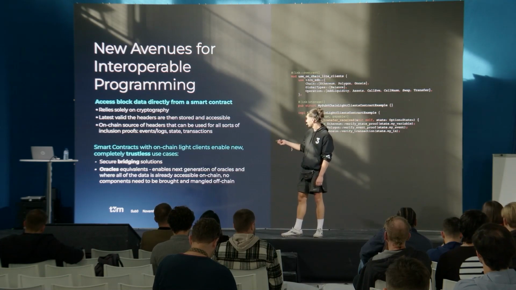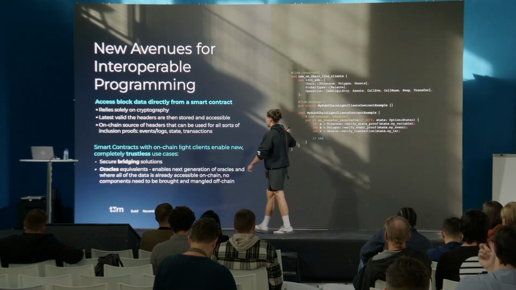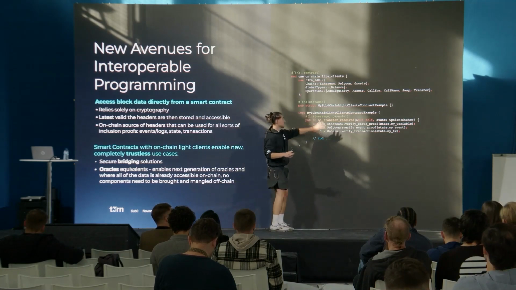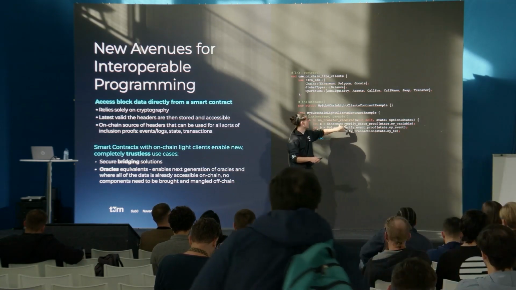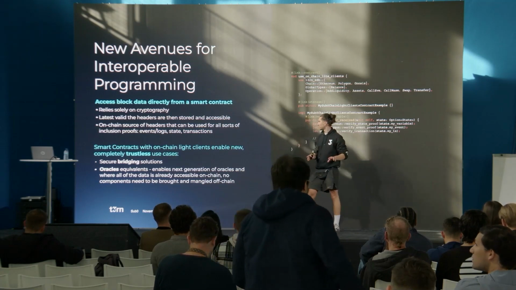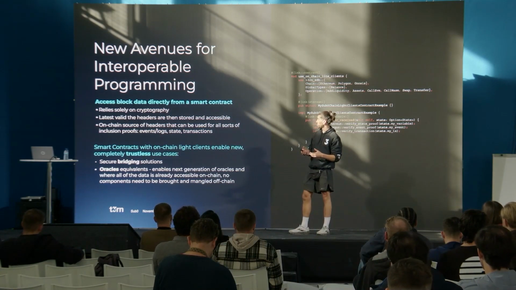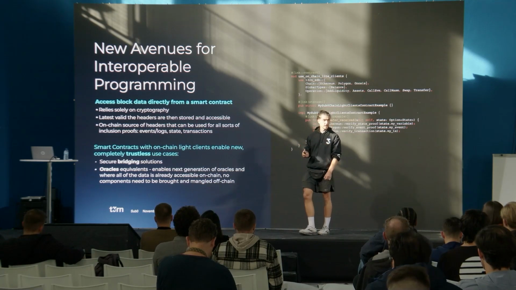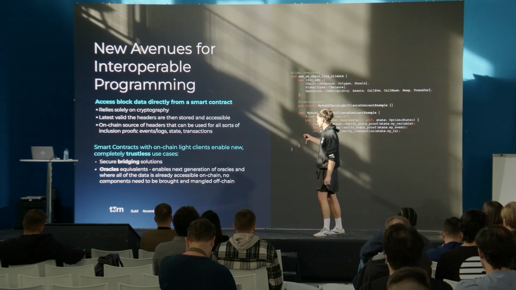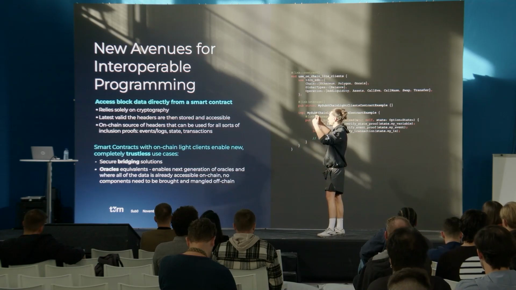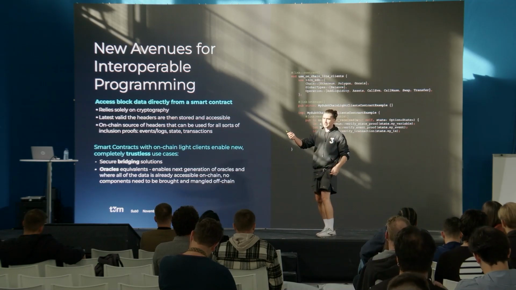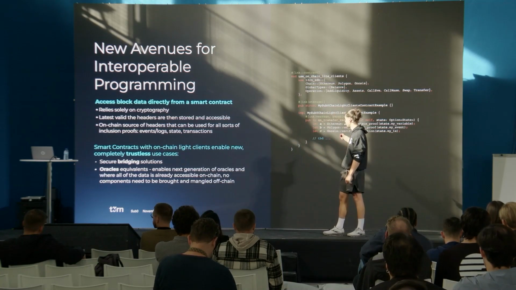And eventually what it means is that, using that sort of interface that provides you with the access to all of the headers that are already verified and checked by our system of light clients, we are able to then build out the next application layer based on that access.